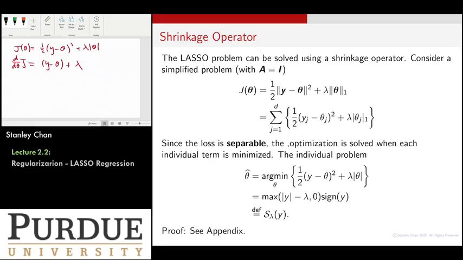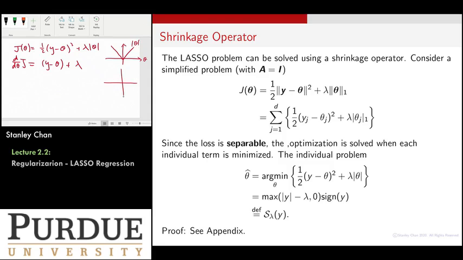So how do we take the derivative of the absolute value of theta? Well, it depends on the sign of theta. If this is theta, then this is the absolute value of theta, that's the plot of the absolute value. If we take the derivative, what will it become? The slope.